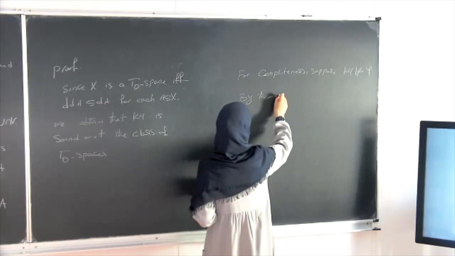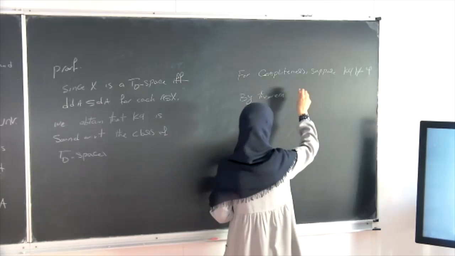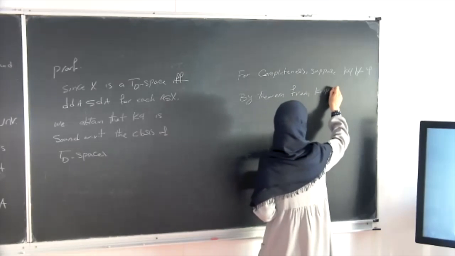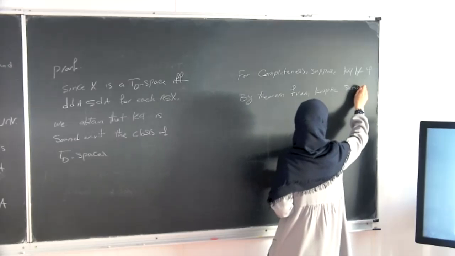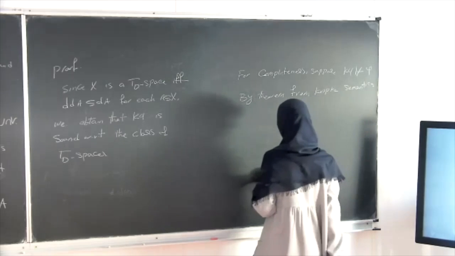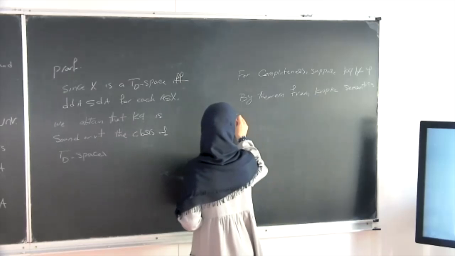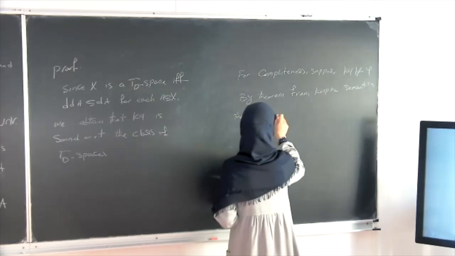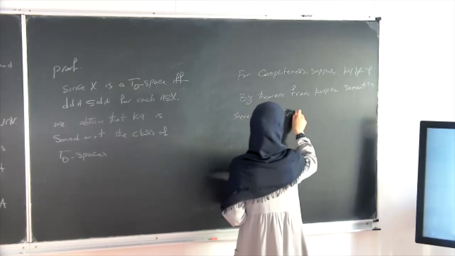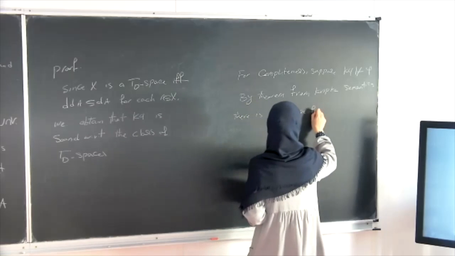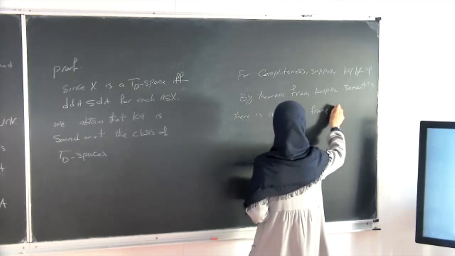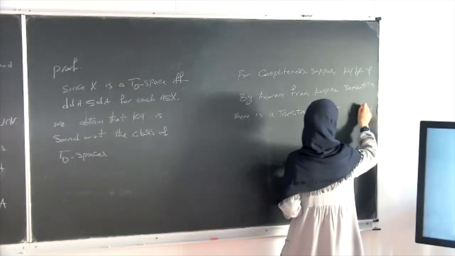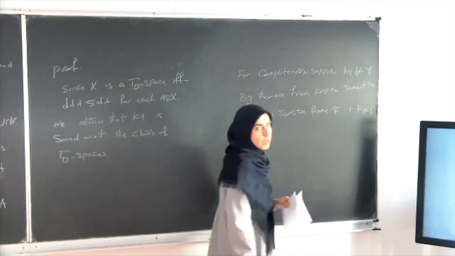But it results from Kripke semantics we know that there is a transitive frame F such that phi is not valid on it.